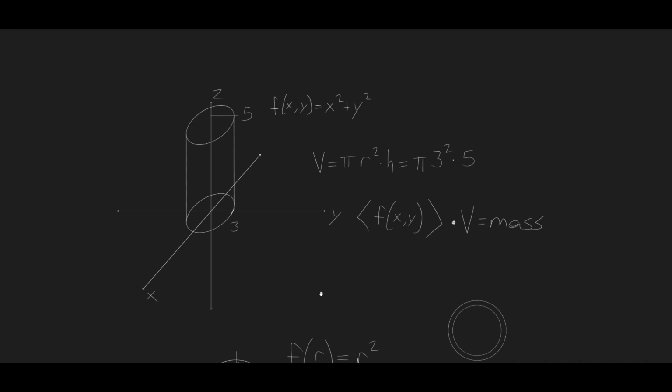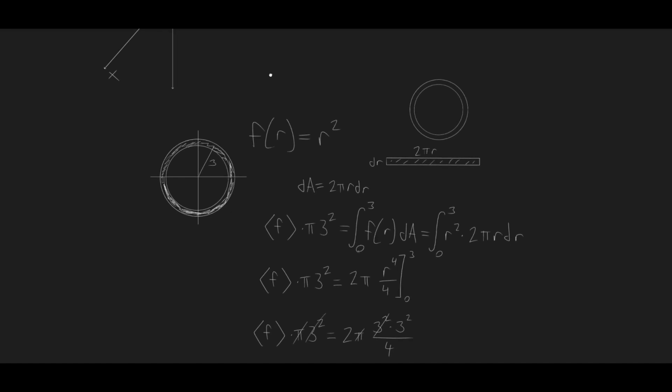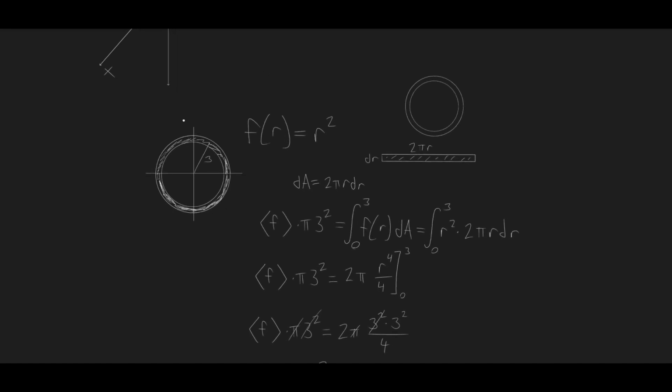What we're going to do is find the average value of the function, and with the average value, we can find what we're looking for. To find the average value of the function on the xy plane, we can rewrite the function in terms of r. So f of r is r squared.